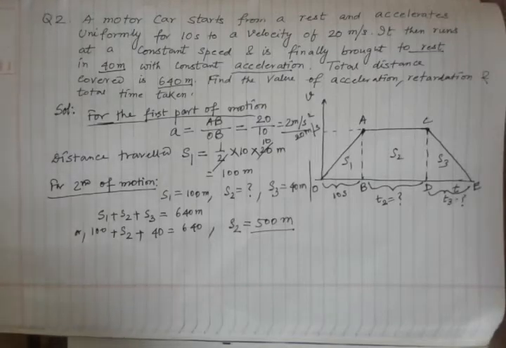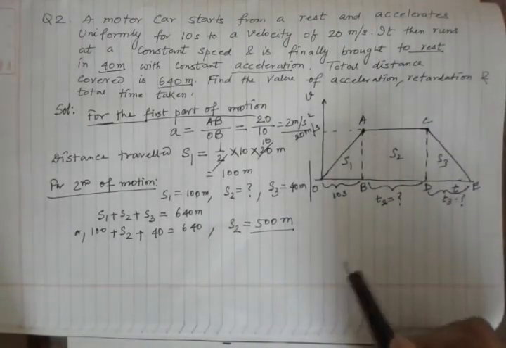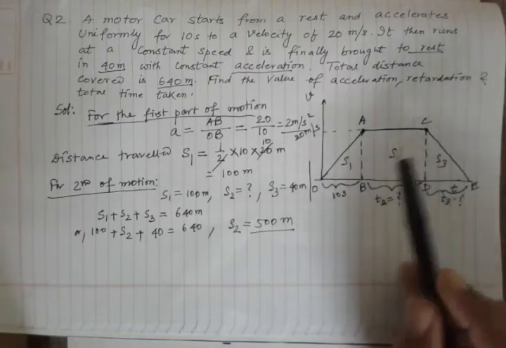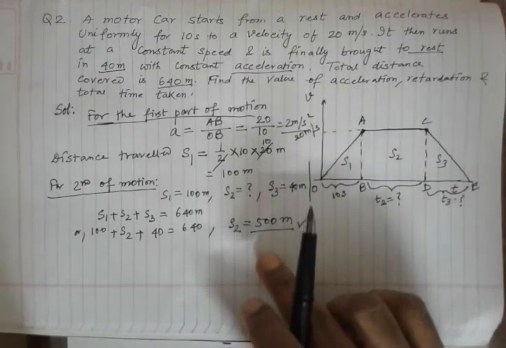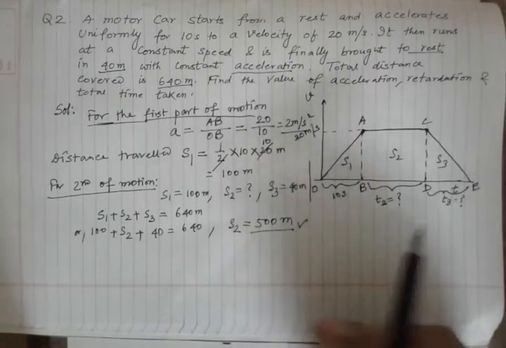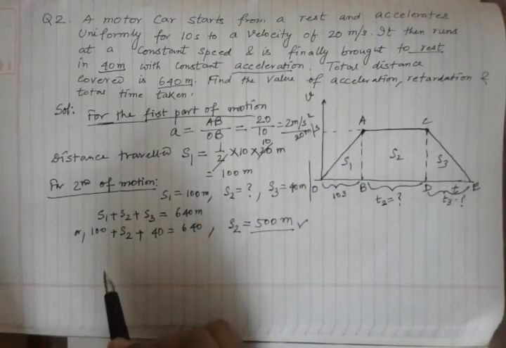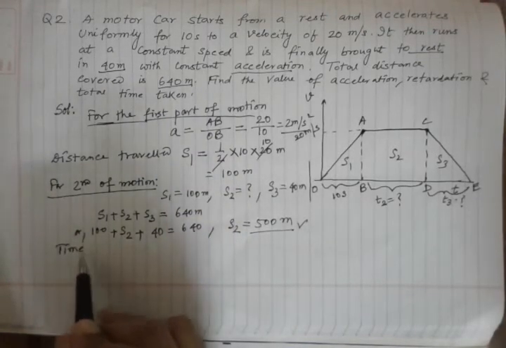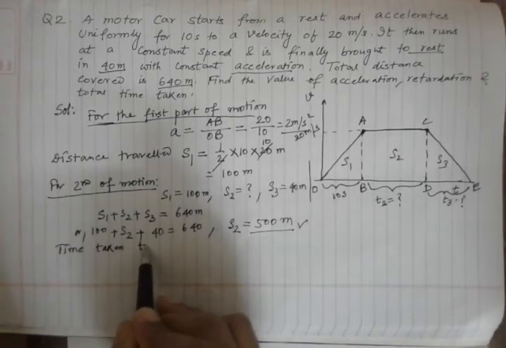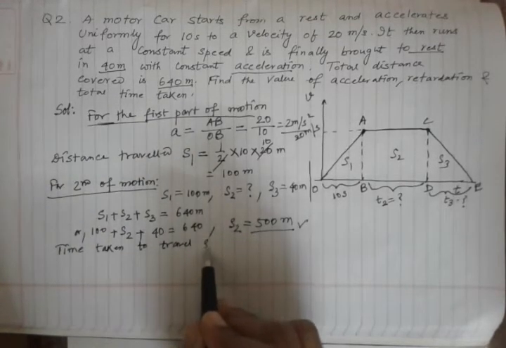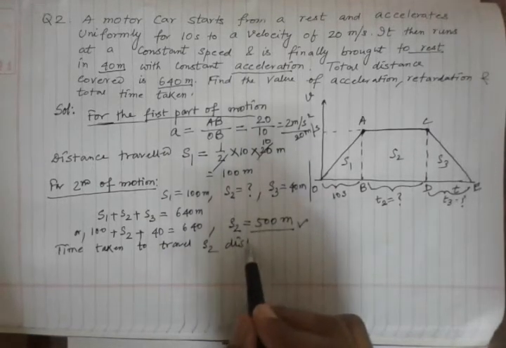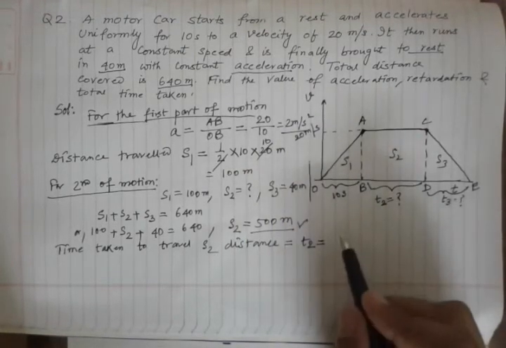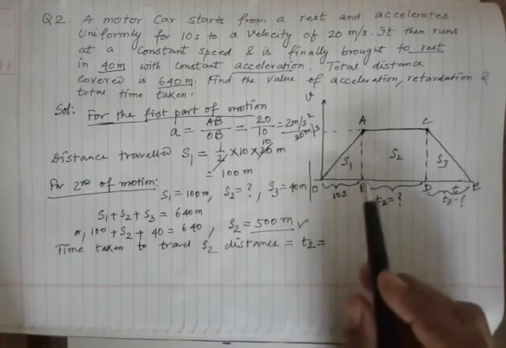Now what is T2? How to find out T2? The object was moving in a uniform velocity here. The velocity was constant. So with that uniform velocity, the object traveled how much? Object traveled 500 meter distance. So time taken to travel S2 distance, that is T2, is equal to distance by velocity.